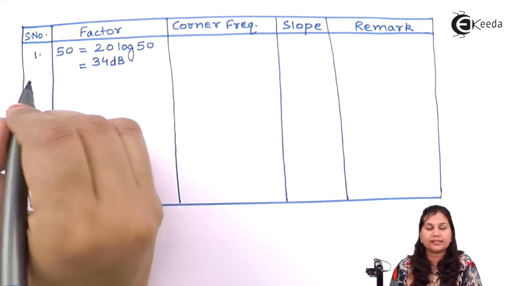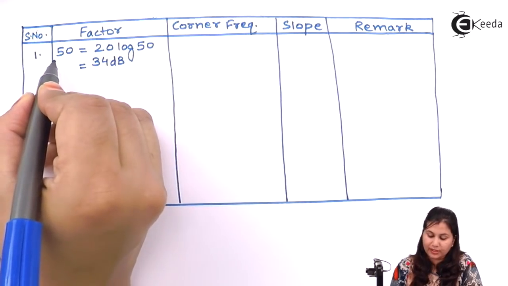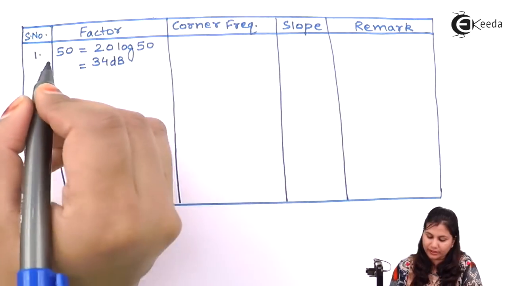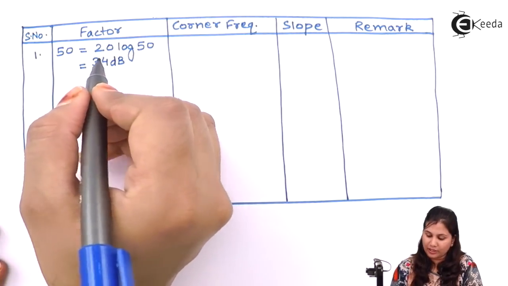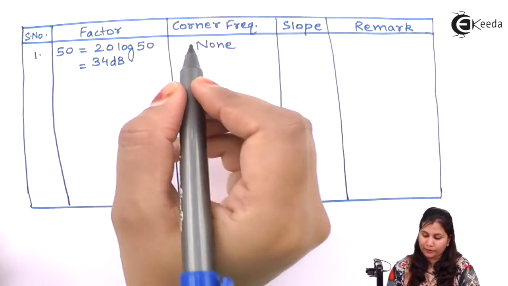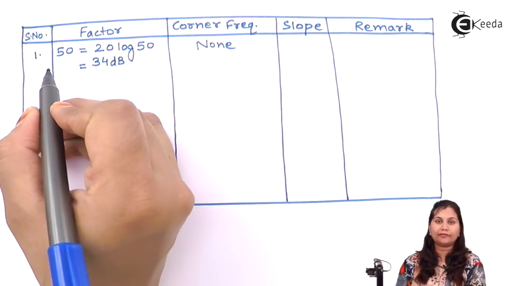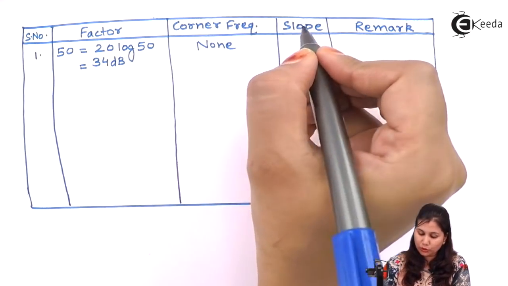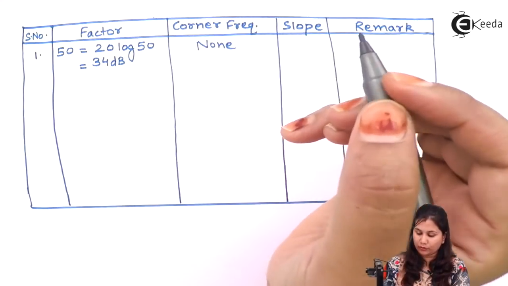Okay, so this is the magnitude of this constant factor 50. Corner frequency associated with this factor will be 0. So here we will write none, because the constant term will have no corner frequency with it. Now slope will also be 0.